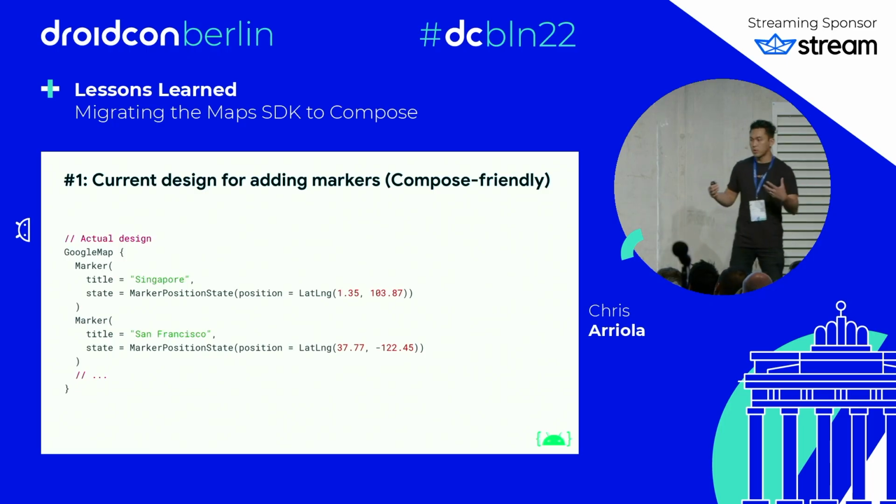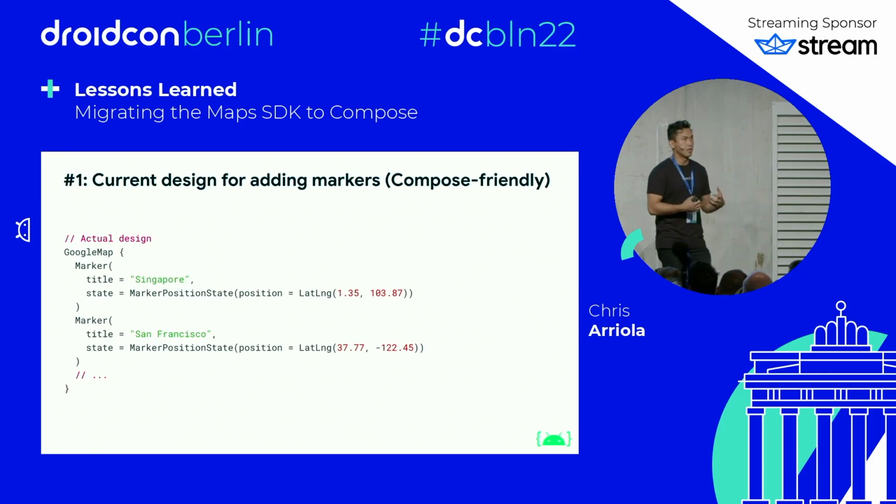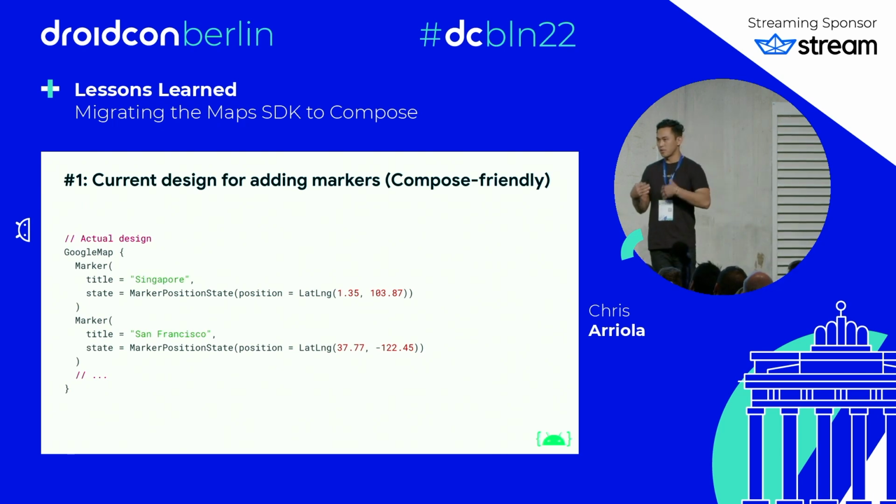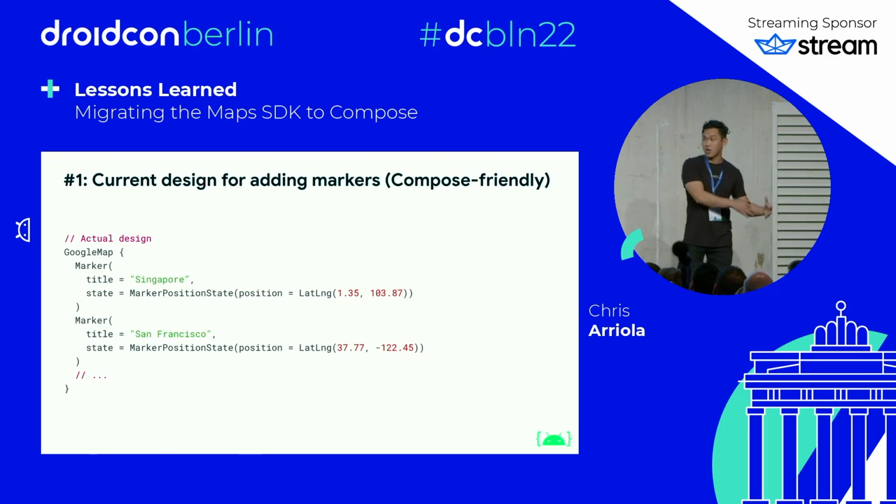So with this approach, we can tell the framework, Compose, what markers are in and out of composition. We can also use Kotlin control flow and conditionals to conditionally determine which markers we want to display on the map. And we don't have to remember the previous state anymore. Compose handles all of that for us.